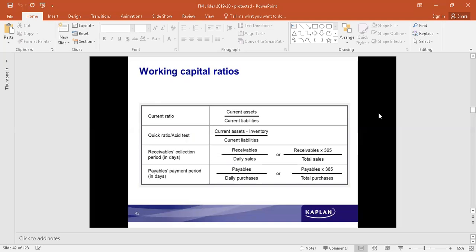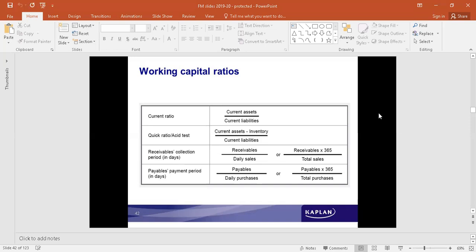Receivables collection period has a formula: receivables divided by daily sales, that is, average sales on each day. In a year, it is assumed to be 360 days, or normally 365.